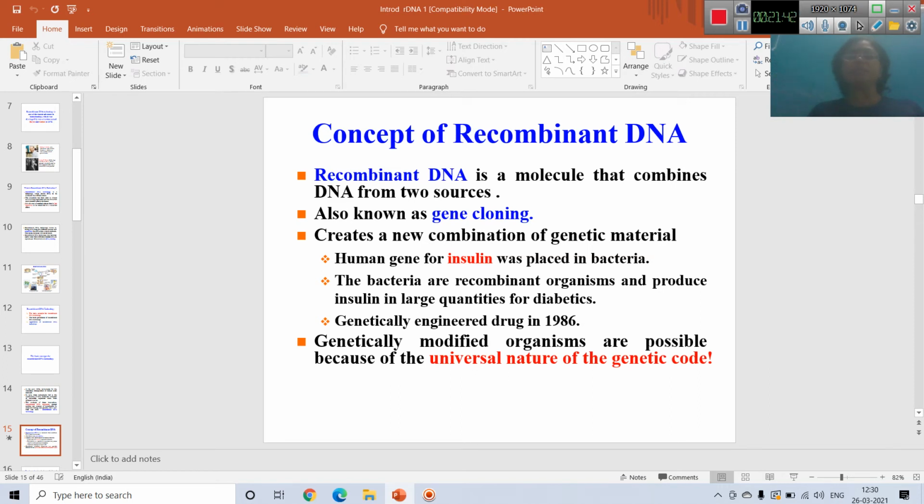And in today's scenario, COVID-19 is said to be a genetically created virus particle in China, and it is devastating and creating havoc throughout the world, producing a fatal respiratory disease.